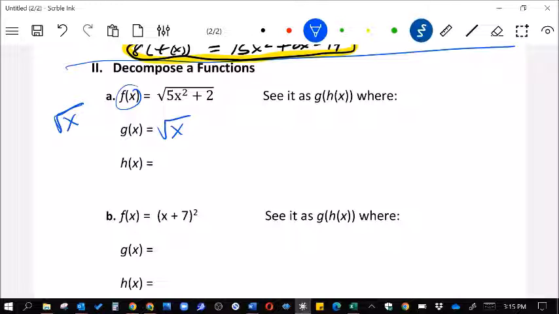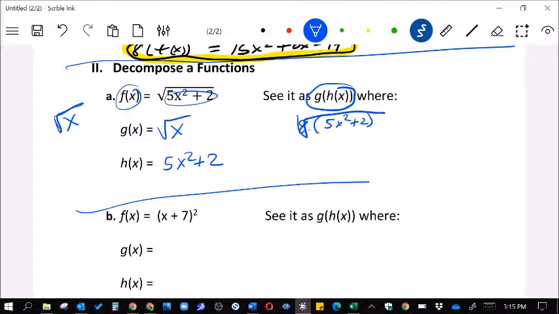And then the h of x would be what was inside of it. So that 5x squared plus 2 is what h of x is. And that's because you want to see it this way. You want to see the g composed of 5x squared plus 2. And that means that if the g is the square root, we would just do the square root of that.